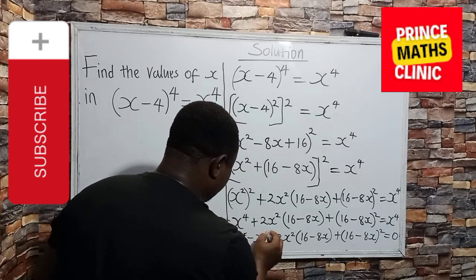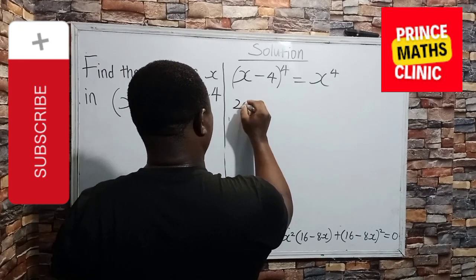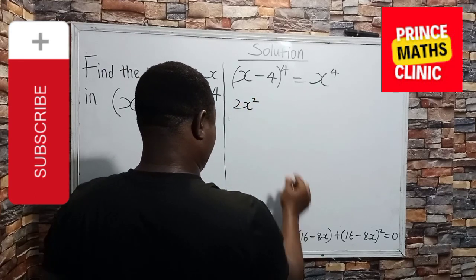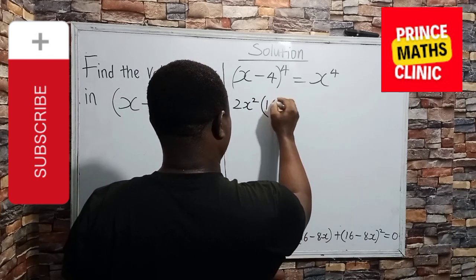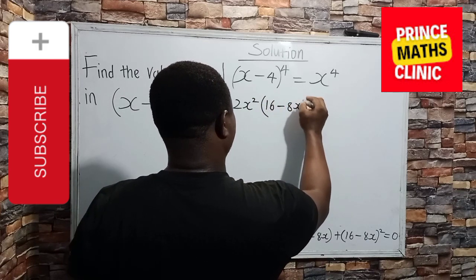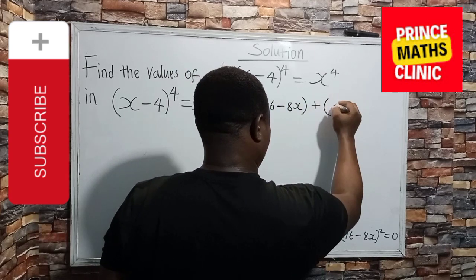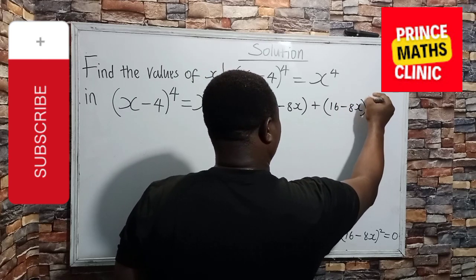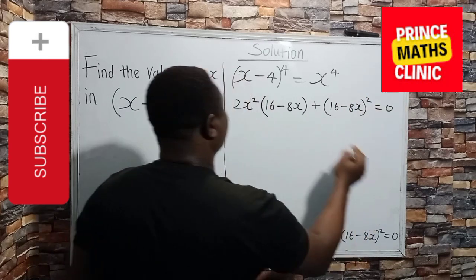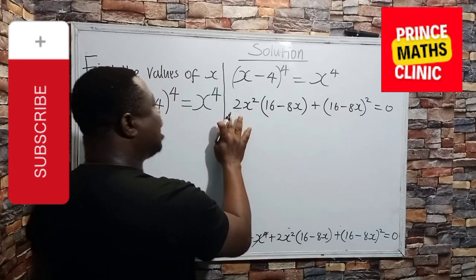Then this will take this off. So I have 2x squared, open bracket, 16 minus 8x, plus (16 minus 8x) squared, all equal to 0. Then 16 minus 8x is common, so I'll pull that out.